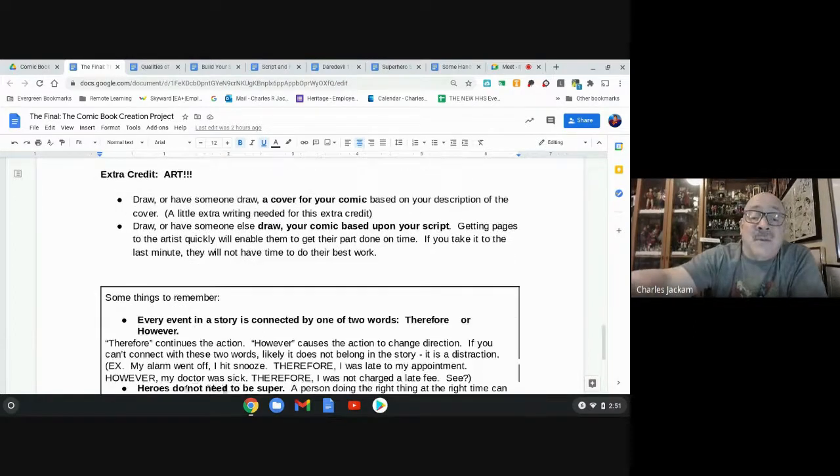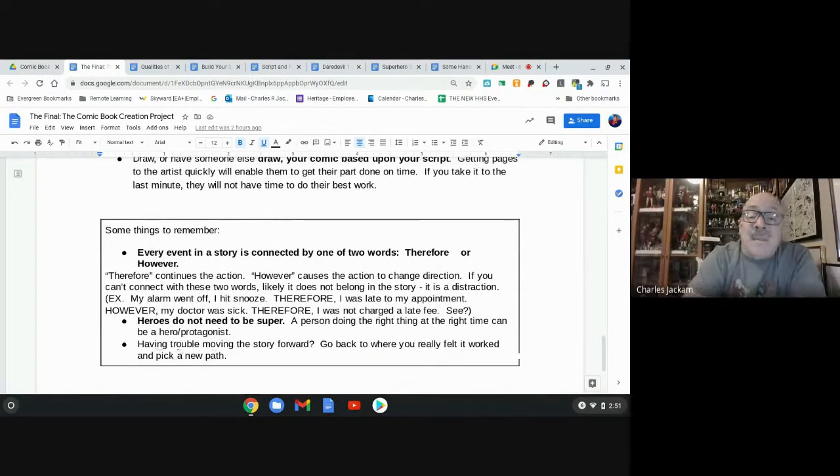Now, some things to remember. Every event in a story is connected by one of two words. This again from our friend Mark Wade. Therefore or however. Therefore continues the action of the story. However detours it, causes the action to change direction. If you can't connect your events with these two words, it likely doesn't belong in the story.